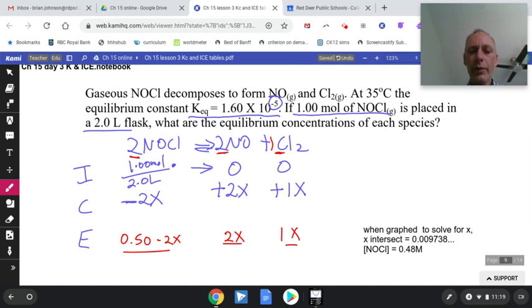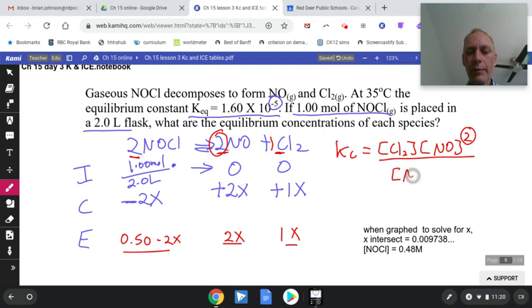We will use our equilibrium expression to solve for this. Products over reactants, equilibrium concentration of Cl2, equilibrium concentration of NO squared, do not forget that, and equilibrium concentration of NOCl, also squared.